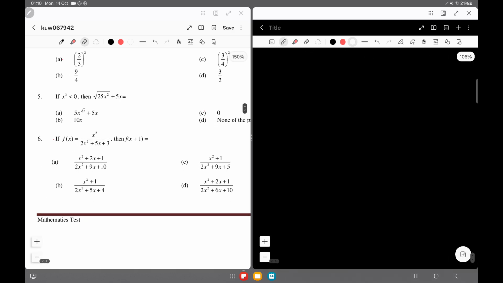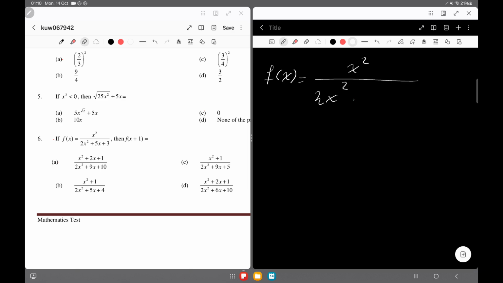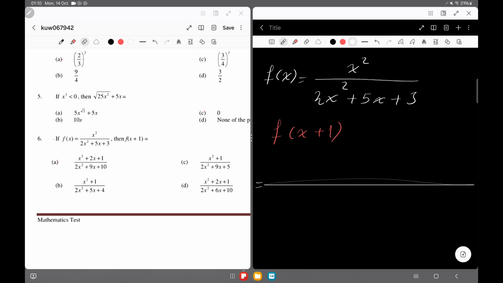Question number 6 is about f(x) equals x squared over 2x squared plus 5x plus 3. What does he need? He needs the value of f(x plus 1). So what I'm going to do is replace any x by x plus 1. I will write down this equals a long fraction.